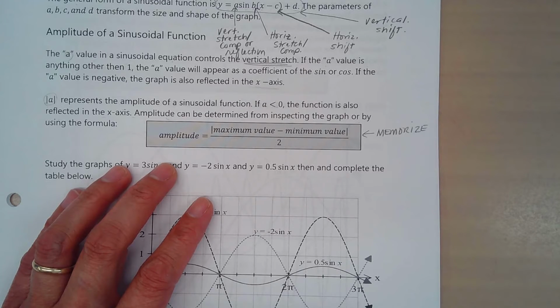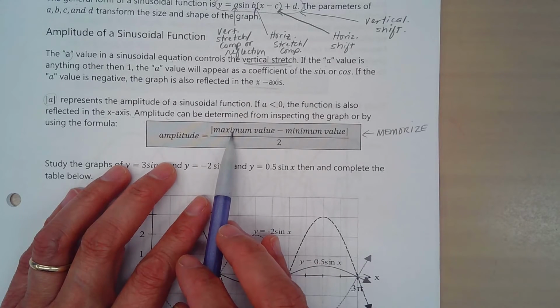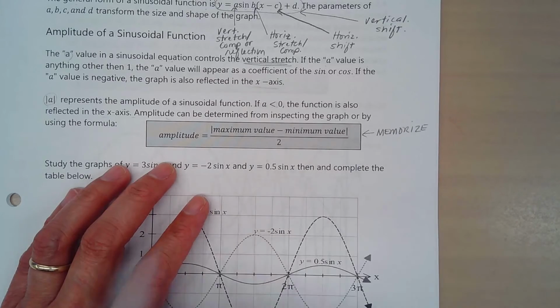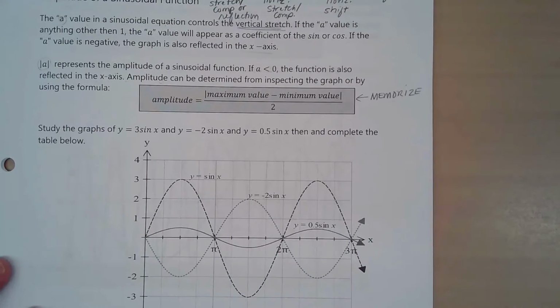Because the amplitude is going to change pretty soon. It's not always going to be 1.